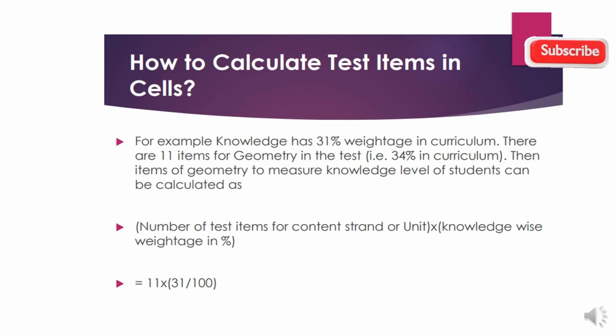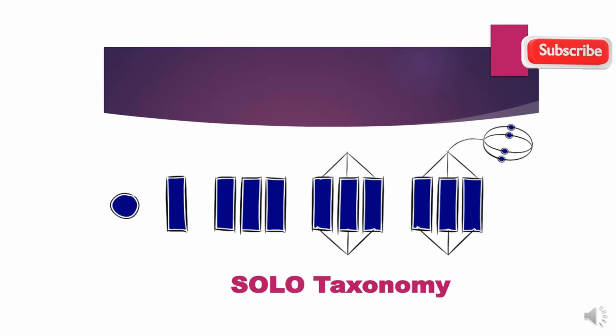Then the items of geometry to measure the knowledge level of students can be calculated as the number of test items for the content standard, or the unit, multiplied by the knowledge-wise weightage in percentage. So we have the number 11, and we can multiply it by 13 divided by 100, and then we easily calculate the cells.